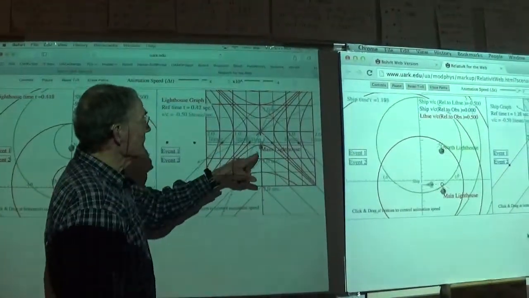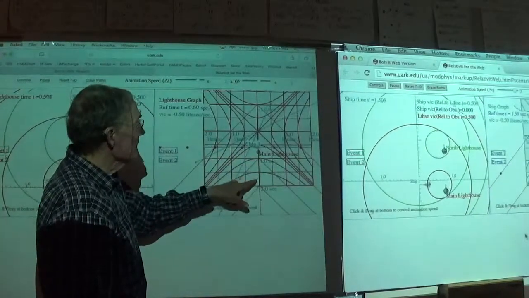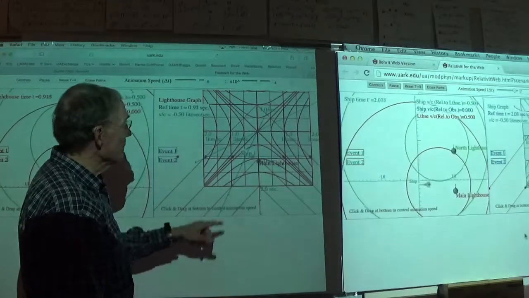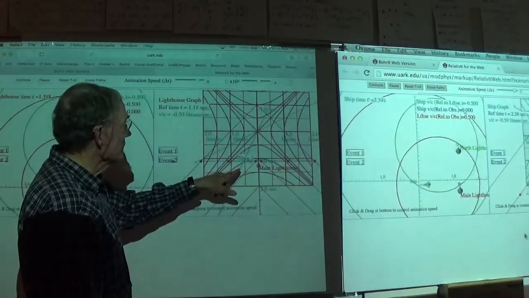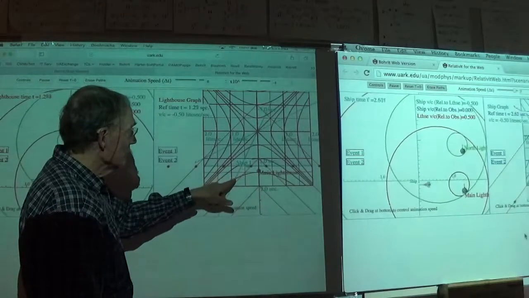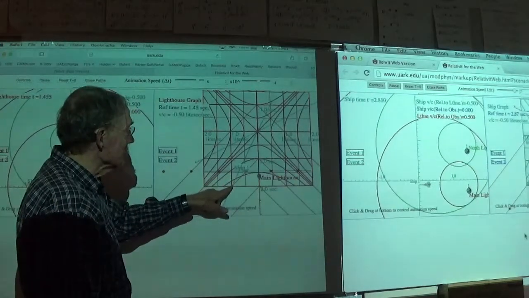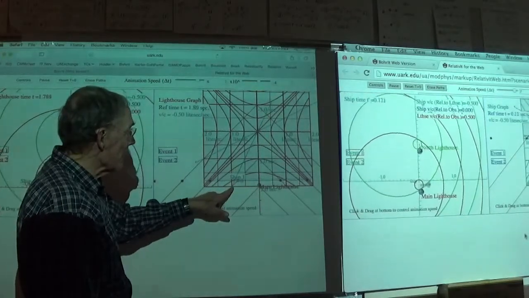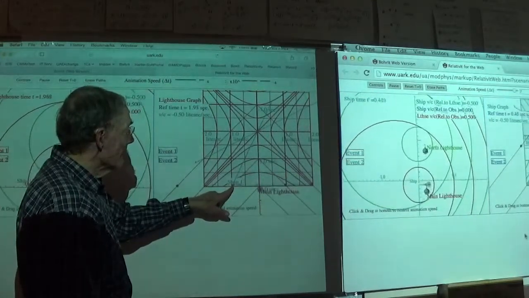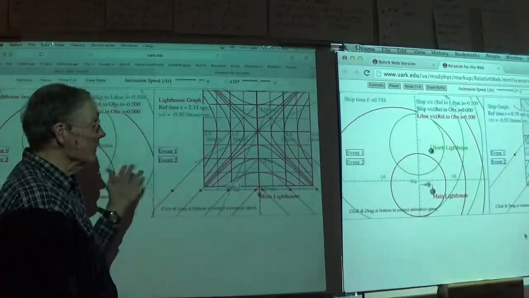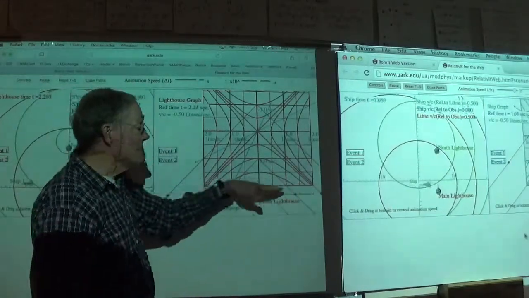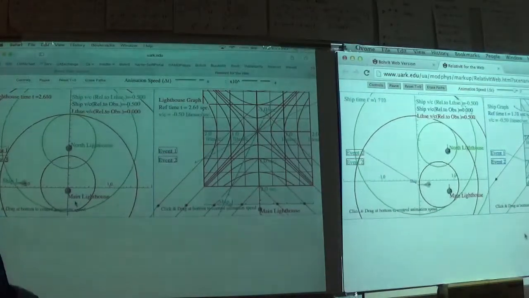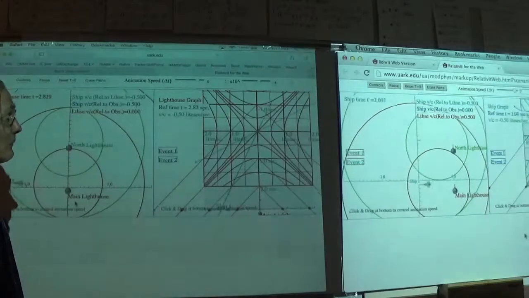Here comes the ship, moving along here. And then there's another blink that is going to collide with the ship's nose right about there. In fact, exactly there, at 2 seconds. You see? Bang. Both events occur at the same time because they're on the same time line, the same horizontal space-like line in both frames.